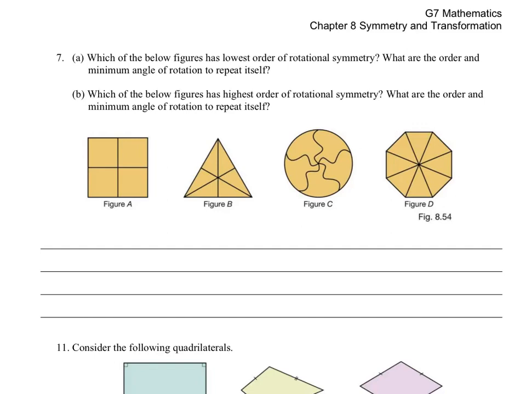So for 7a, it asks you for rotational symmetry and also the minimum angle of rotation. To do this type of question, we try to trace some certain points. For example, let's look at figure C. I trace this point and use the center as the center of rotation.